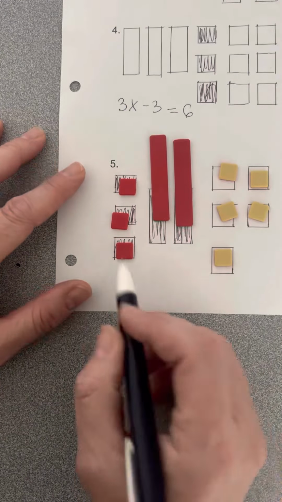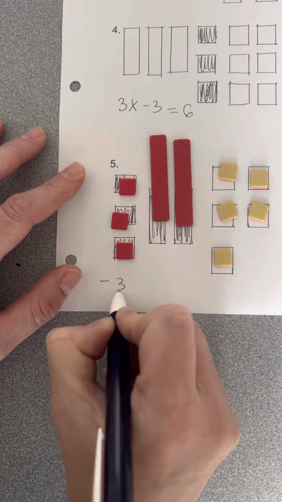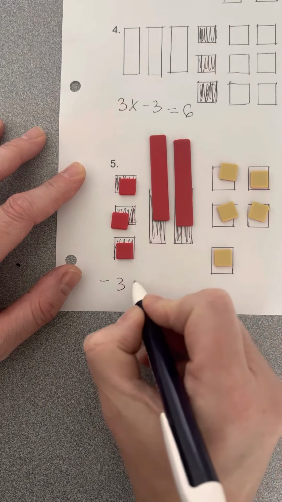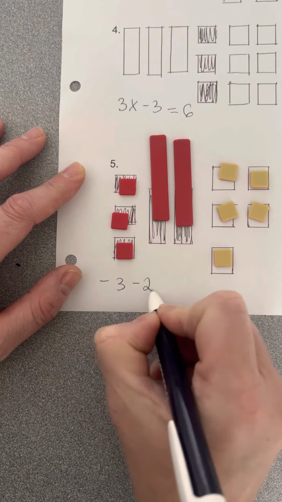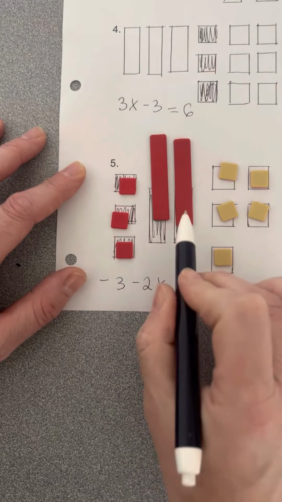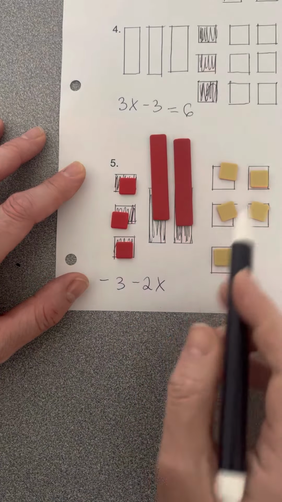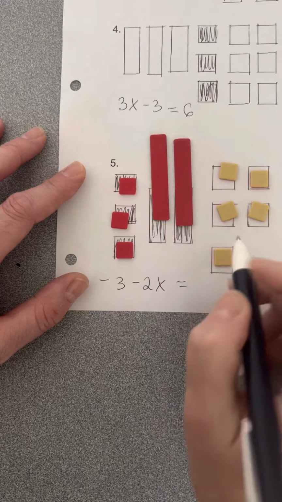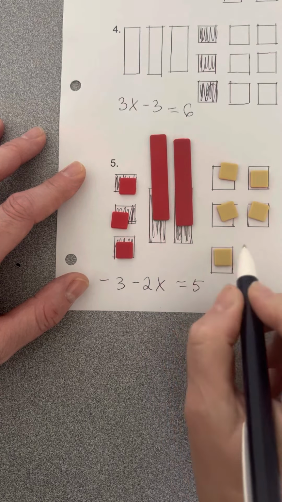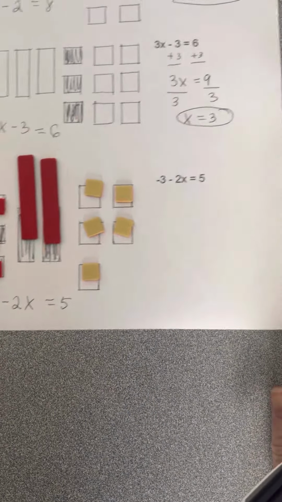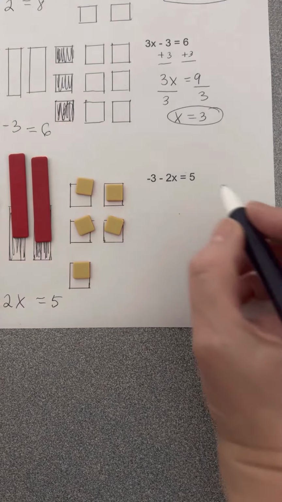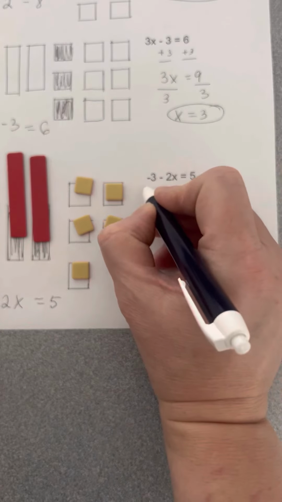Okay, so we have negative 3 minus 1, 2, 2x, because the long ones are x's, or rectangles, equals 5, and it's positive. All right, let's go over here on this side to solve this. So plus 3.